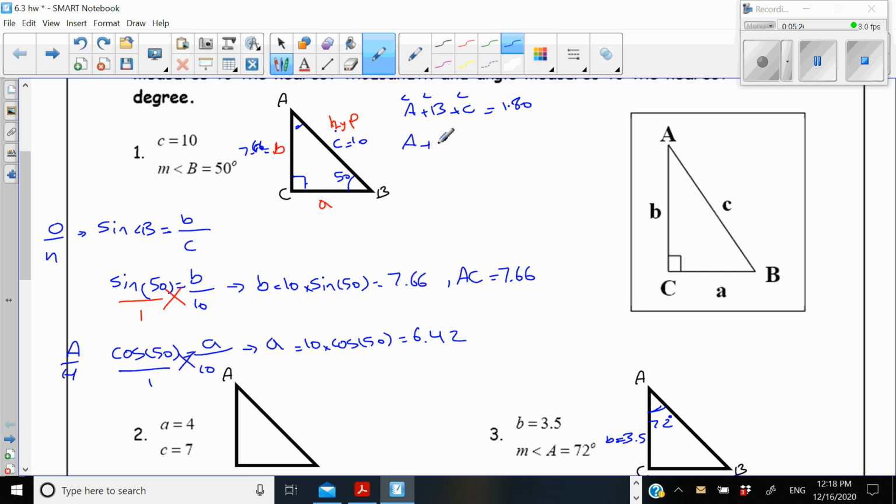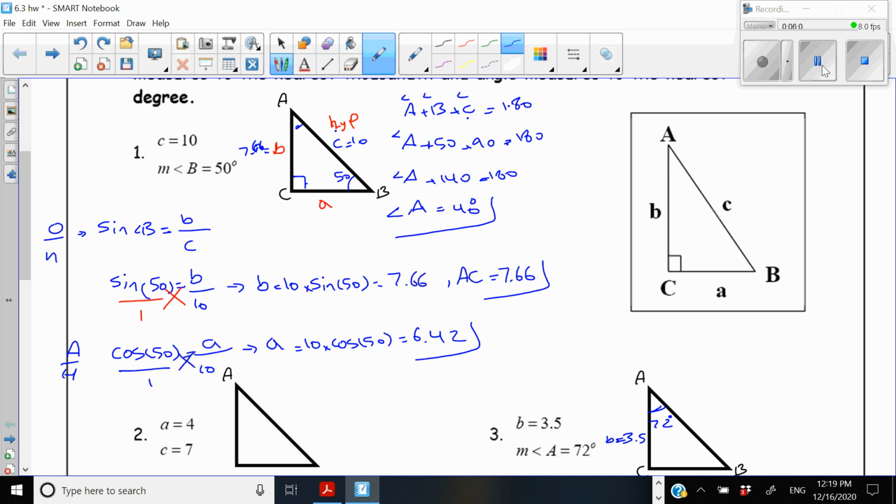And I have B, which is 50, C is 90, equal to 180. So A plus 140 equal to 180, and A will be equal to 40 degrees. So that's how I write that, 40 degrees. And in order to show that this is an angle, you need to use this symbol. So use that behind all the angles to say that they are angles. So this is the last thing that I needed to find.